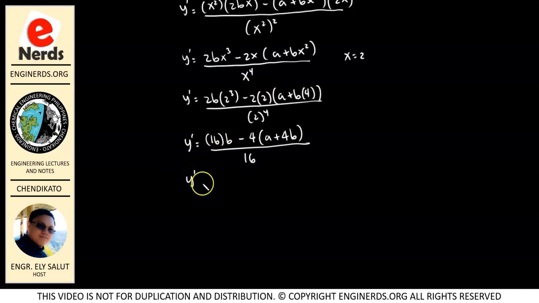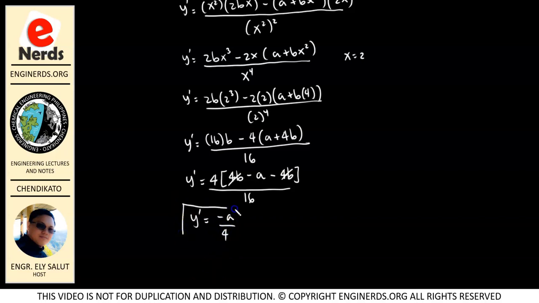So we'll have y prime is equal to 4 times 4b minus a minus 4b over 16. So we have 4b minus 4b here, so this will be equal to 0. So we have 4 divided by 16 is equal to 1 over 4. So we have y prime is equal to negative a over 4. And this is our final answer for this problem.